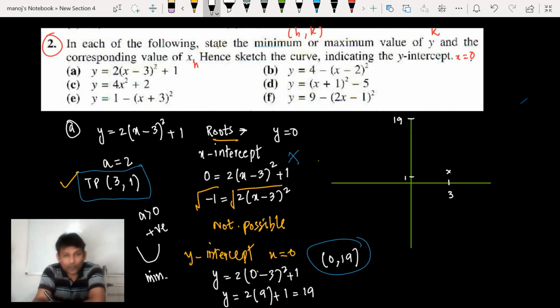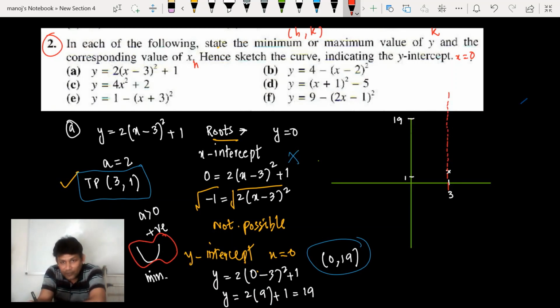My request: whenever you sketch a quadratic function, always draw a line of symmetry through the turning point. This will definitely help you. This line of symmetry is very important, and you know the sketch is like this. This is your y-intercept.